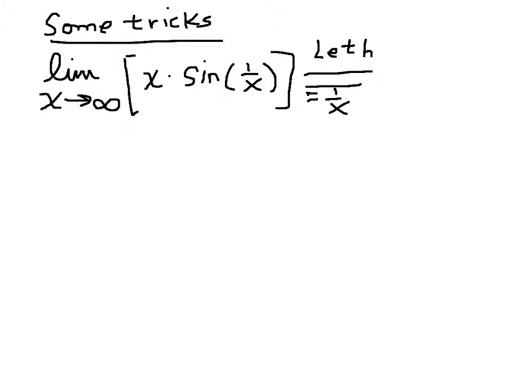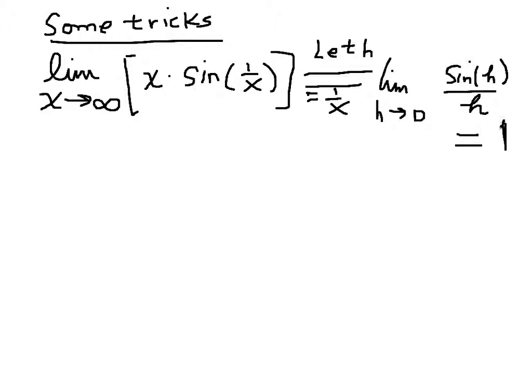So this becomes the limit as h approaches 0 of the sine of h over h. Well, we've already shown that equals, remember, 1. Okay, that's example 1. Here's the next example.